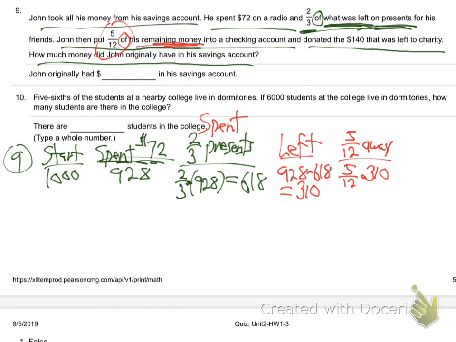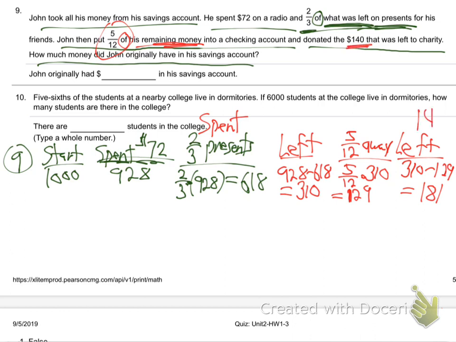I'm getting about $129. There's some change, but who cares? And what is left over from that? 310 minus 129, I'm getting 181.